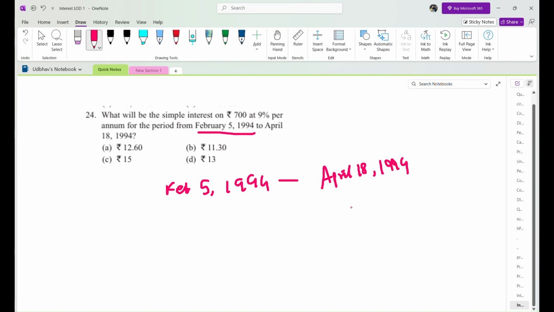So the year is the same, but the month is different. February, March, April. So from February 5 to April 5, that will be 3 months.